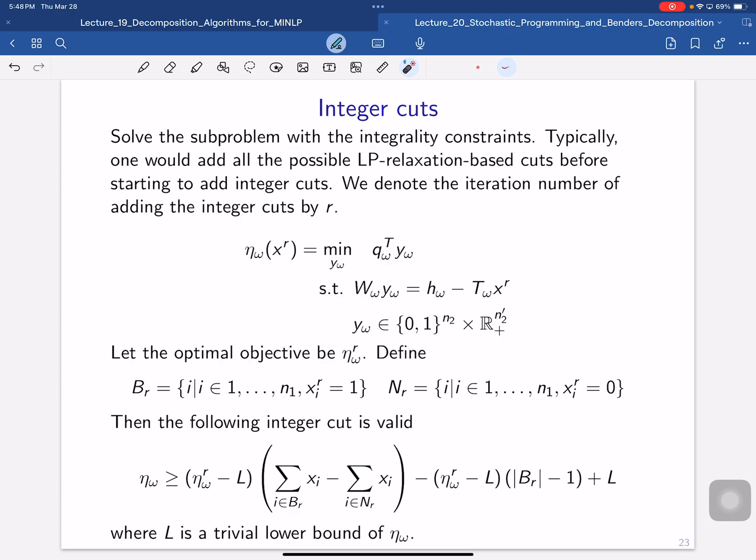The L is a trivial lower bound of this objective. So you can try to evaluate this type of cutting planes.